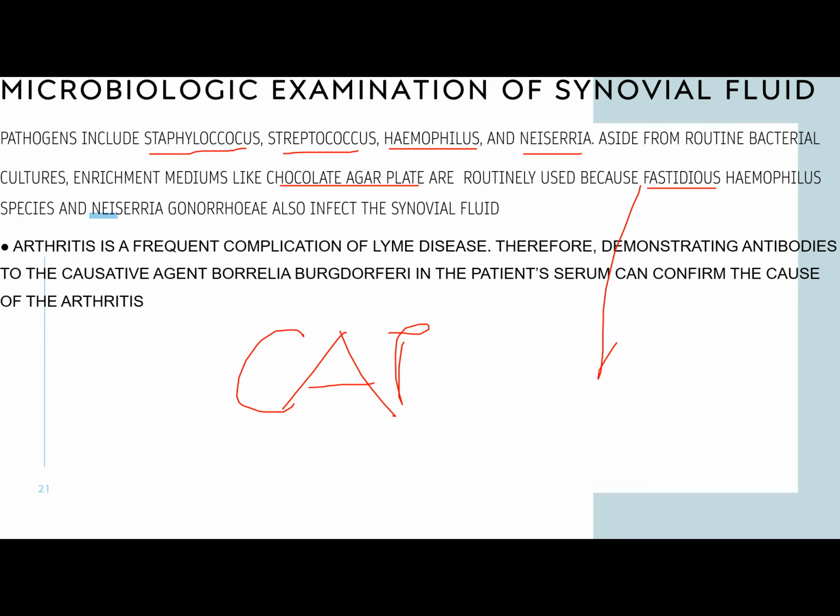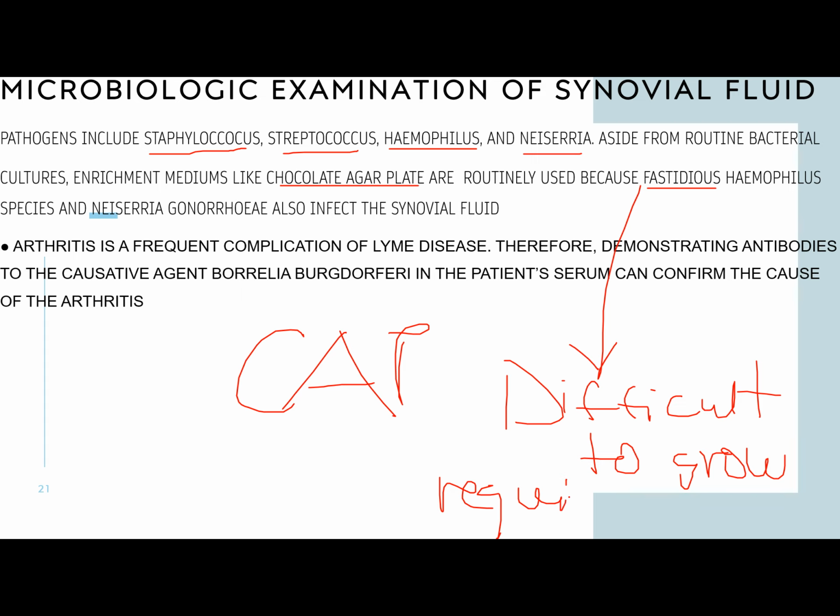Chocolate agar plate is used for fastidious bacteria. When you say fastidious bacteria, they are difficult to grow, and they would require special nutrients, specifically the X factor and the V factor.